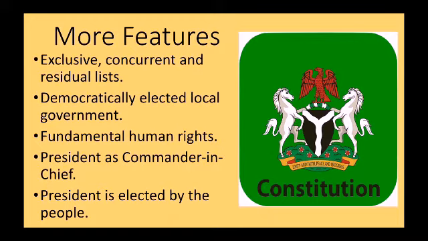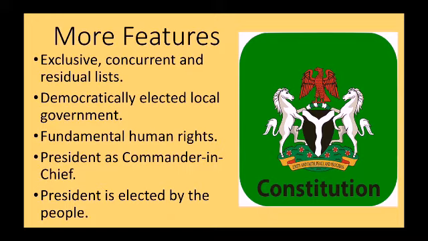But this time around, it is the people that elect the president, because as a president, he was an executive president. Let's look at some of the merits of the Second Republican Constitution of 1979.